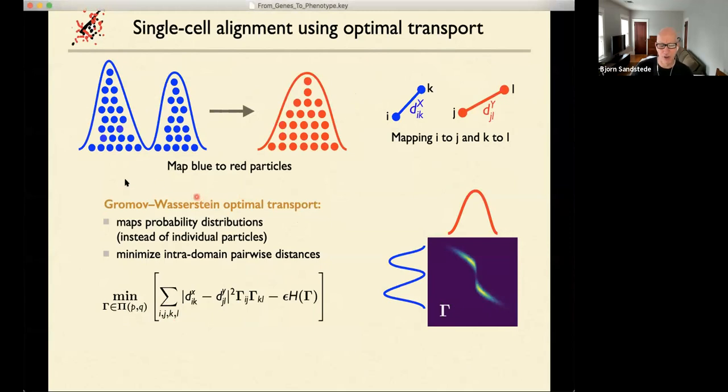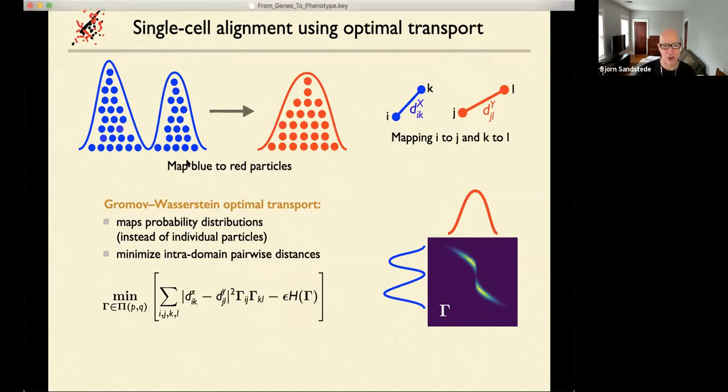And so optimal transport, and I'm going to say in a second why we use optimal transport. It's essentially trying to take different sand piles and moving the sand particles from one sand pile to the next. And you want to do this in such a way that you minimize work.